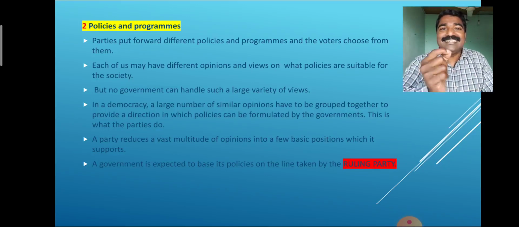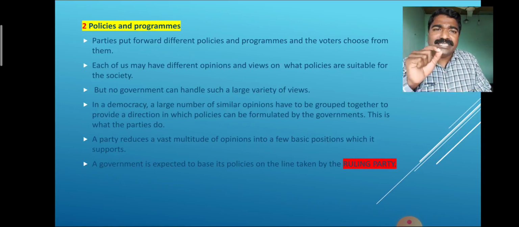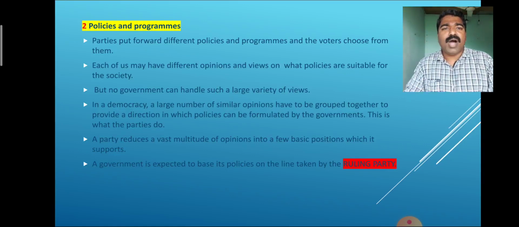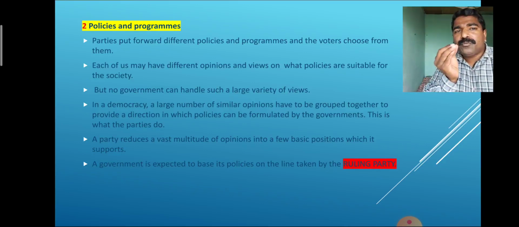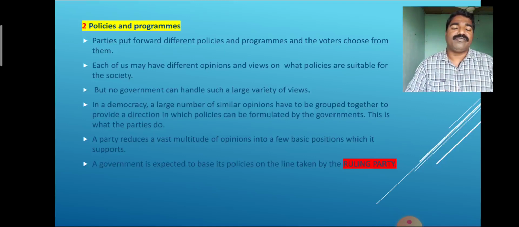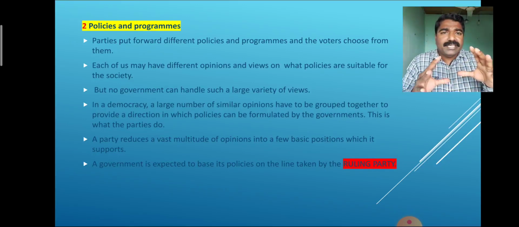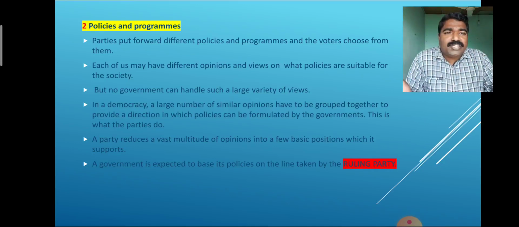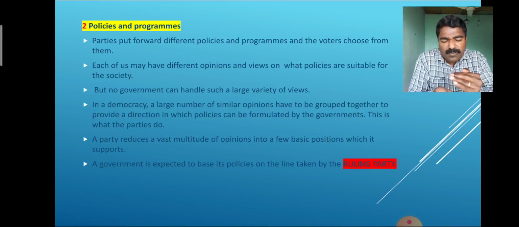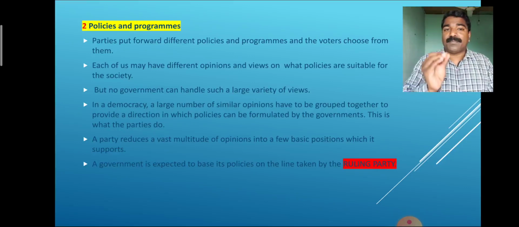The party reduces a vast multitude of opinions into a few basic positions which it supports.